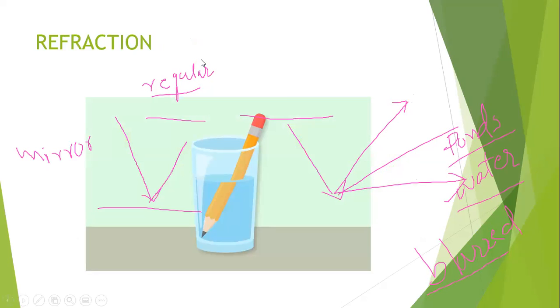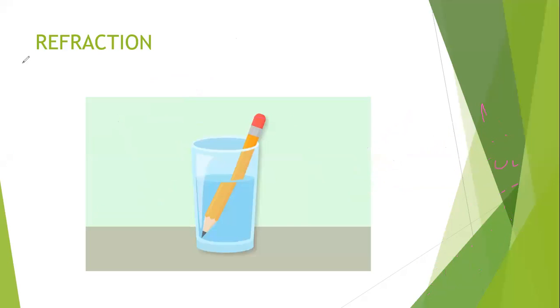The next way of light travel is refraction. What is refraction? Refraction is basically the bending of light. When light travels from one state of matter to another state of matter, it will bend. Outside this glass of water, there is air. When light moves from this air into the water, it will bend.